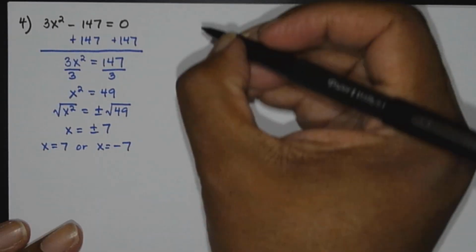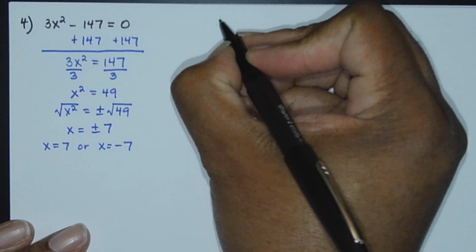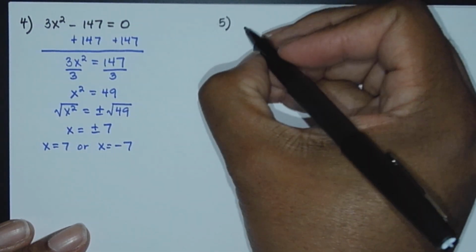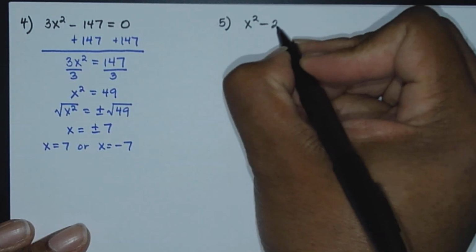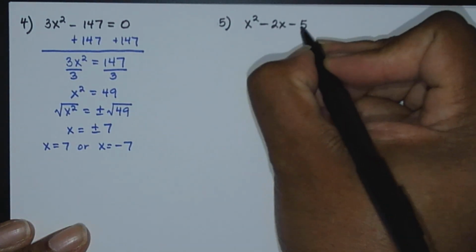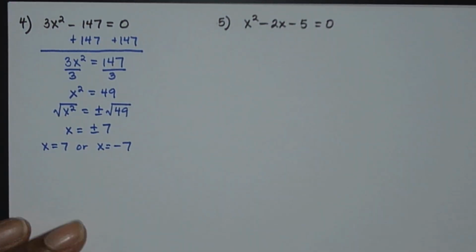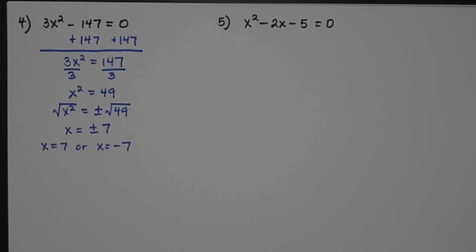All right, problem number 5 deals with completing a square. And in this case here, we got x squared minus 2x minus 5 equal 0. And here we're going to solve this quadratic equation using the concept of completing a square. All right.